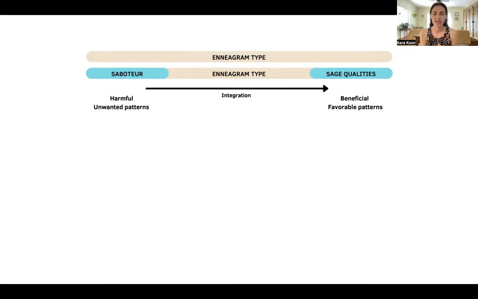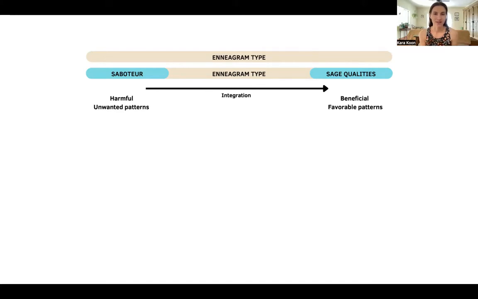With the Enneagram as a map, however, we can make this shift from saboteur up to sage qualities by understanding a system of concepts, specifically the line of release and the line of stretch. What line of release means is how we release ourselves from the saboteur patterns and move into sage.